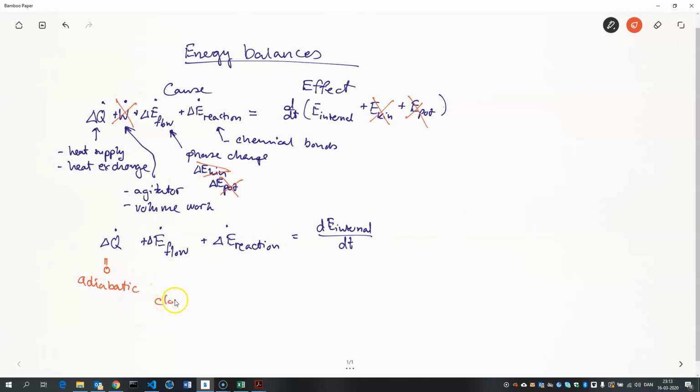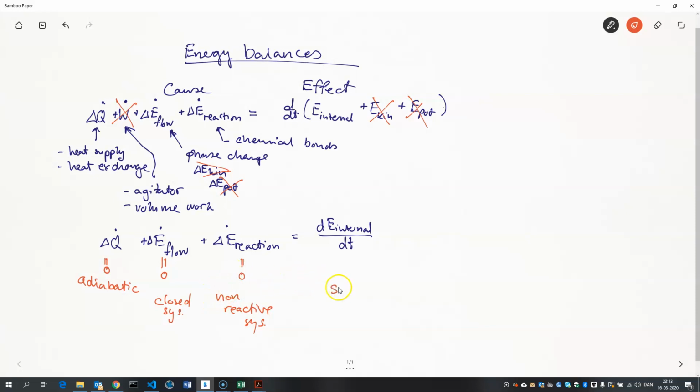If we have a closed system, that means nothing enters or leaves the reactor. Well, then this term here is zero. And if we have a non-reactive system, obviously no reaction takes place and there is no heat of reaction.